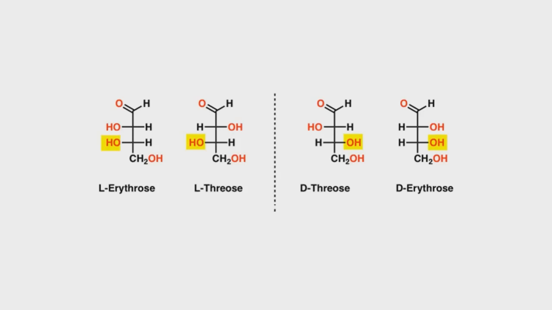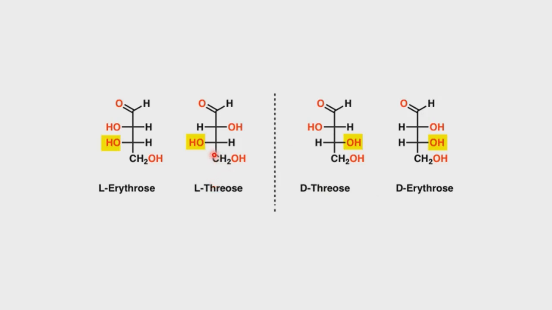So it is very helpful to count the second to the last chiral carbon. We have the second to the last carbon, which is this one, and it has the OH attached, and the OH is towards the left. Therefore, we can identify that this is an L enantiomer.